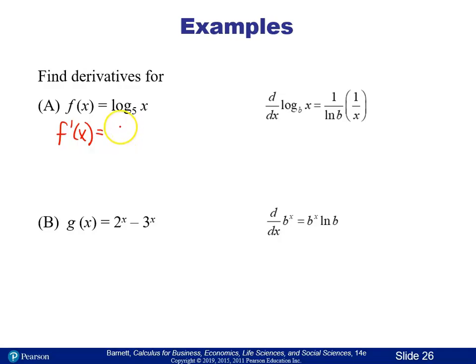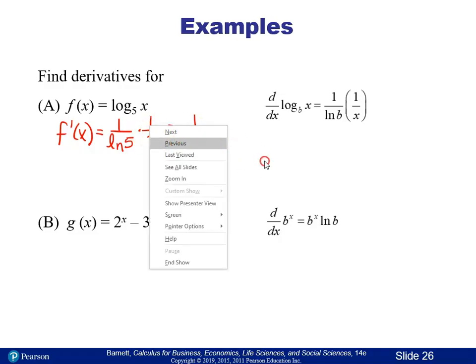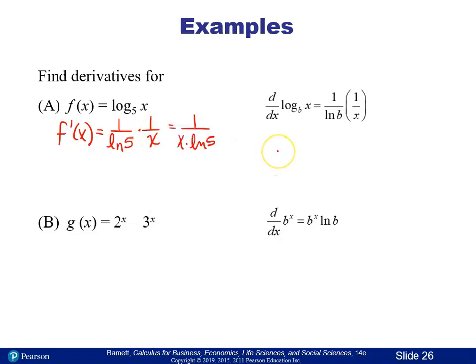So 1 over the natural log of my base, which is 5, and then I'm going to do 1 over x. There's really not a lot I can simplify. I could write it potentially like this. There's not a huge gain in doing that. And this was the rule that we were using.